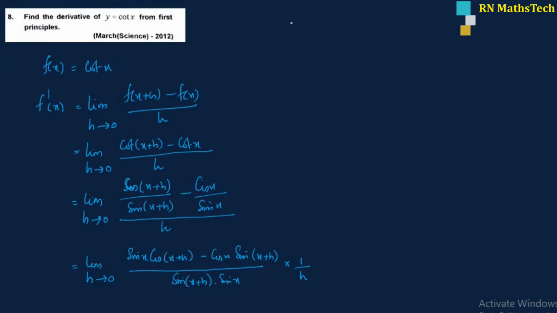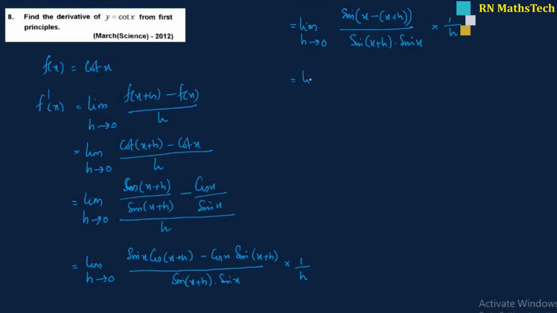Okay, is equal to limit h tends to 0, sin x cos y minus cos x sin y is sin of x minus (x plus h), okay, by sin of x plus h into sin x into 1 by h.